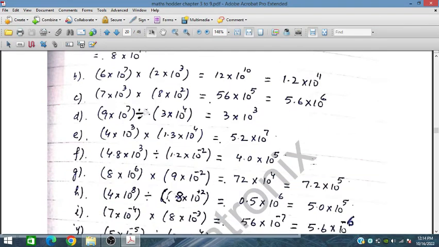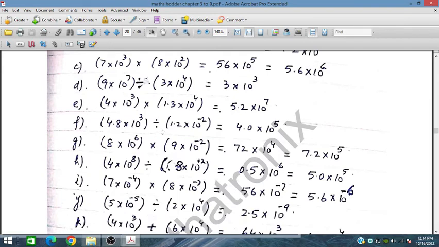For this one, multiply it and divide by this. So 4 divided by 8 is 0.5, and this is 10 to the power 8, and plus 2 gives 10 to the power 6. So this is 6.5 into 10 to the power 6. So 5 into 10 to the power 5 is the standard form.